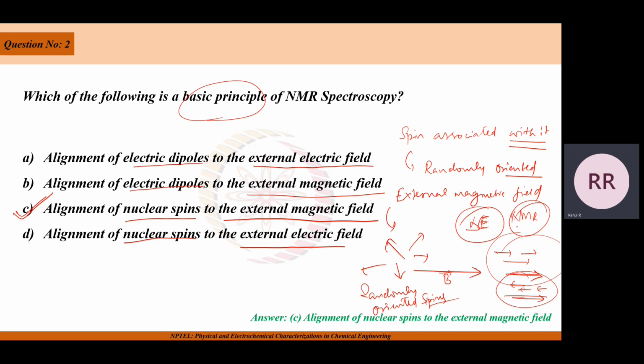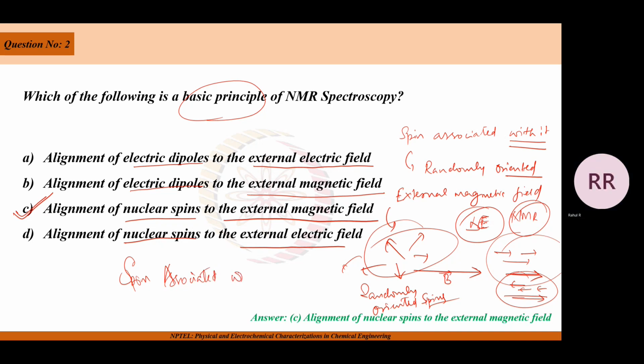So in NMR spectroscopy, as I told you, spin is associated with all the subatomic particles, but in NMR spectroscopy we actually focus on the spin associated with the nucleus.